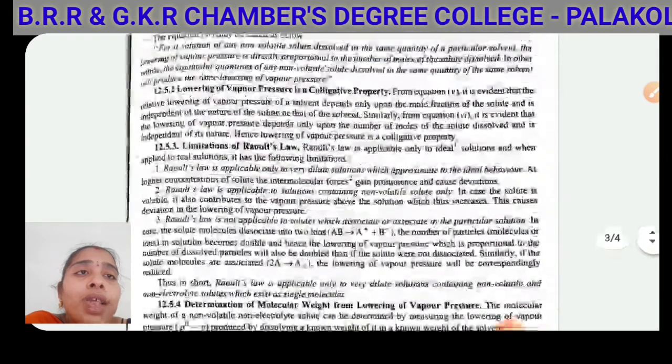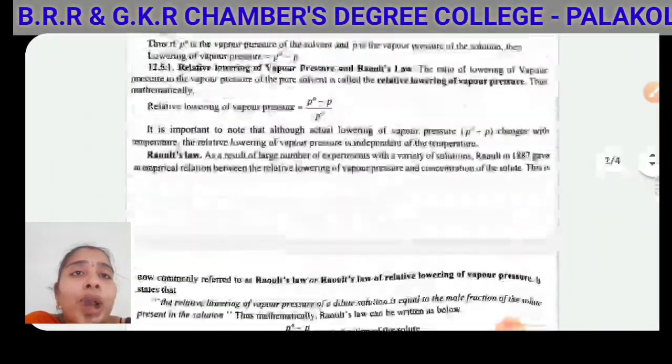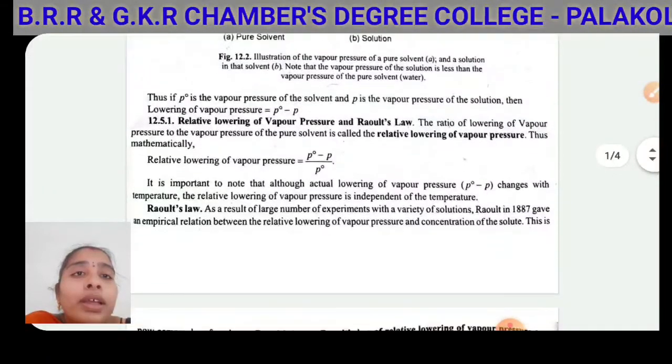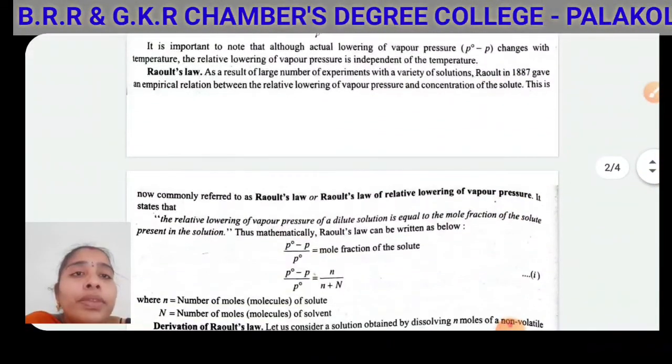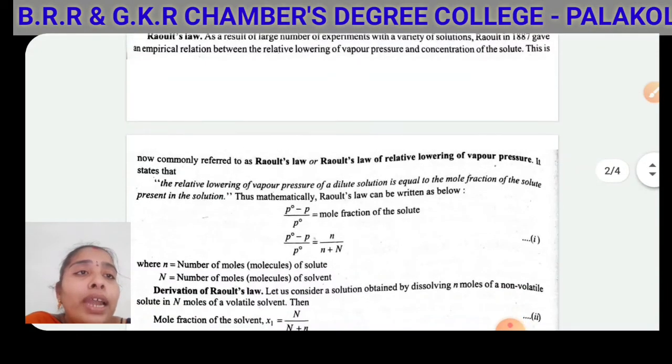What is Raoult's law? The relative lowering of vapor pressure of a dilute solution is equal to the mole fraction of the solute present in the solution.